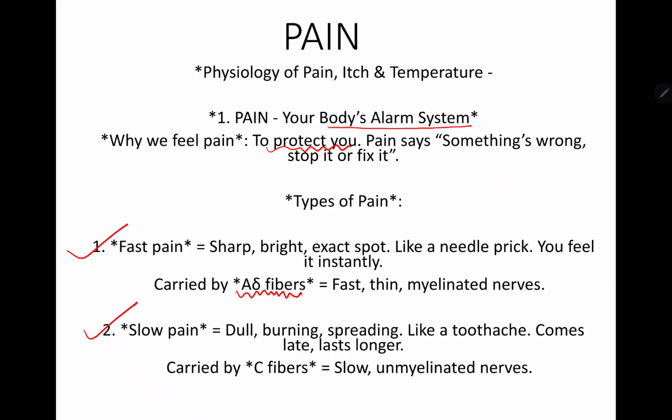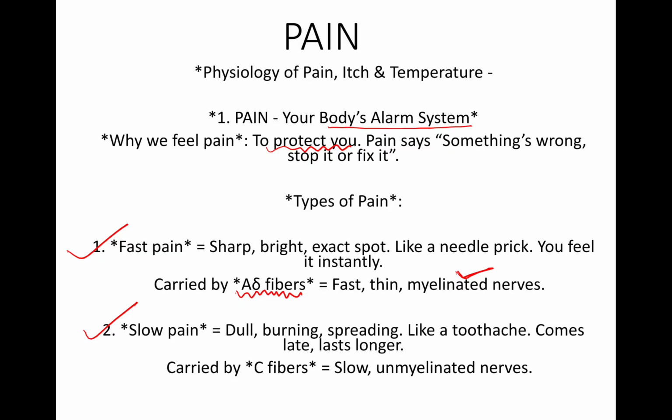What are A delta fibers? They are the fast, thin, myelinated nerves. Since they are myelinated, it is fast pain, because sensory messages are passed very fast in myelinated nerves.